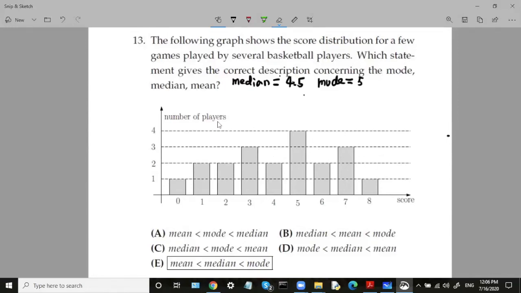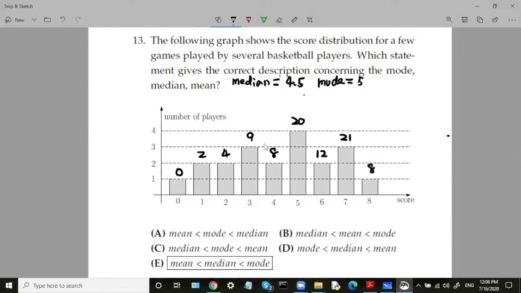Okay, so let's quickly calculate the mean. 0 times 1 is 0, 1 times 2 is 2, 2 times 2 is 4, 3 times 3 is 9, 4 times 2 is 8, 5 times 4 is 20, 6 times 2 is 12, 7 times 3 is 21, 8 times 1 is 8.